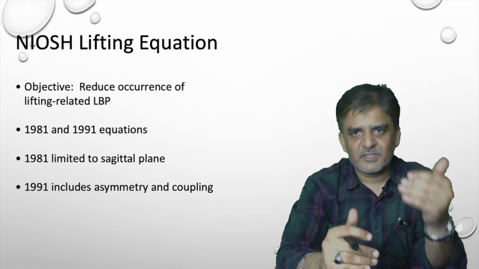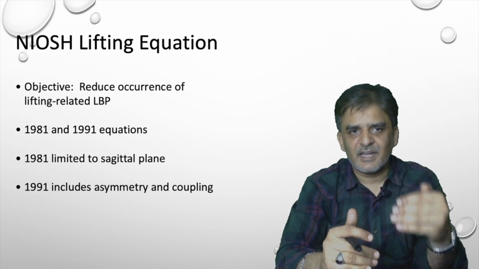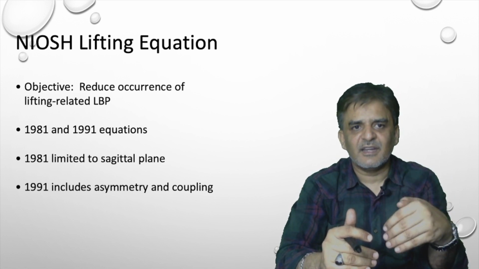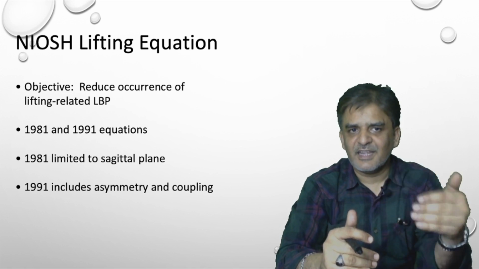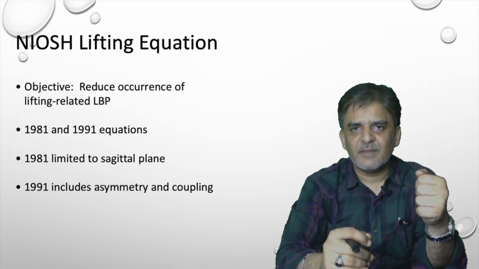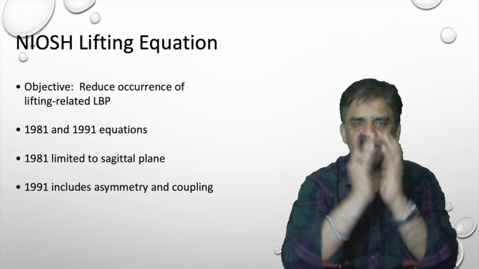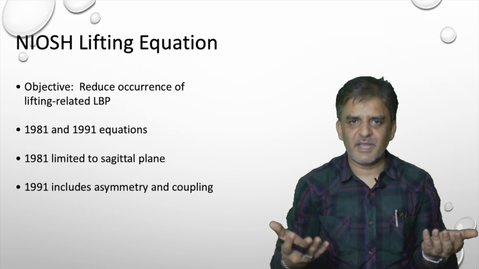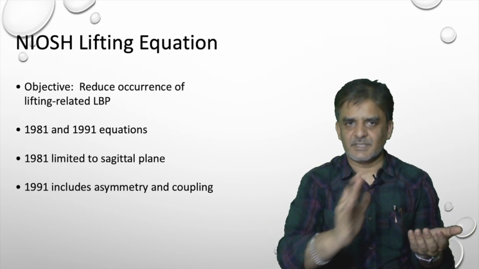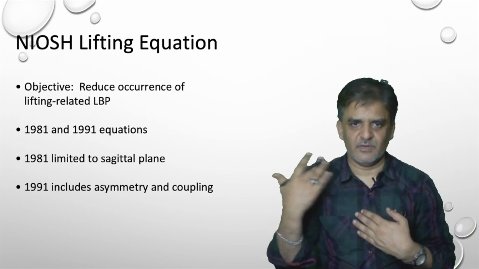But this equation was modified in 1991, after 1981. In 1981, it was limited to the sagittal plane. Our body is supposed to be in three planes: lateral, sagittal, and coronal.